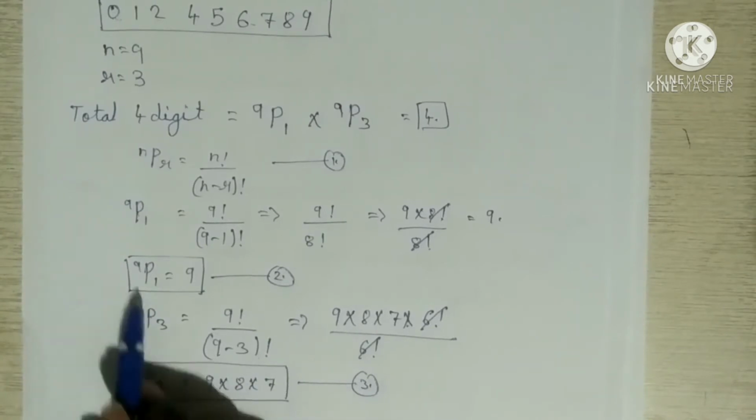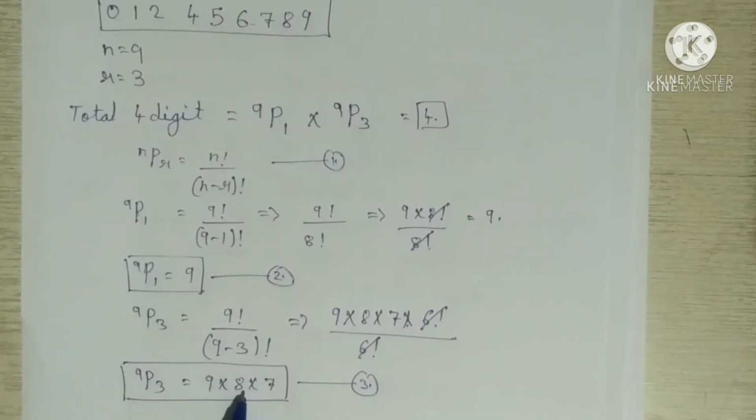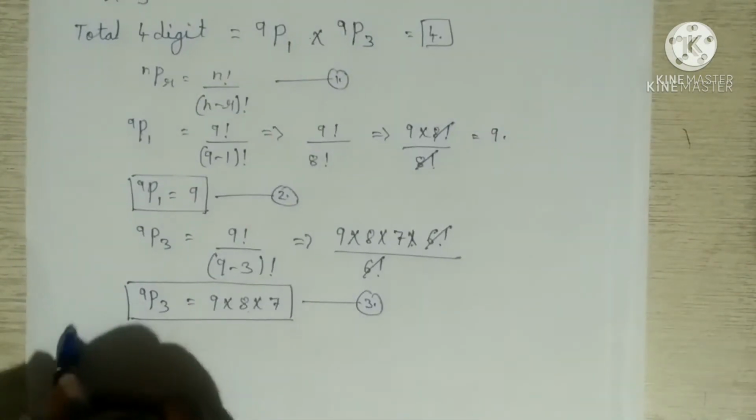Multiply equation number 2 and equation number 3 and find the total 4 digit numbers.